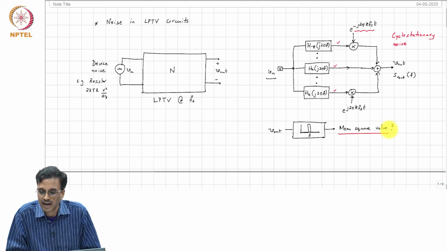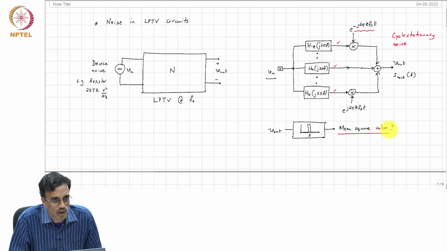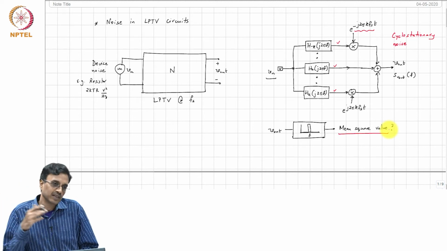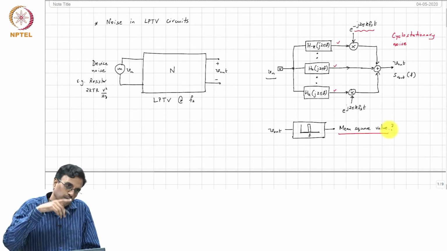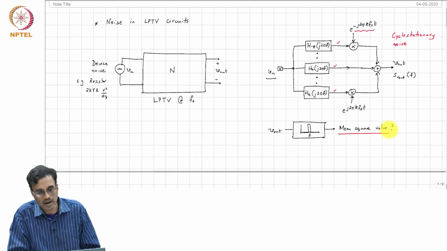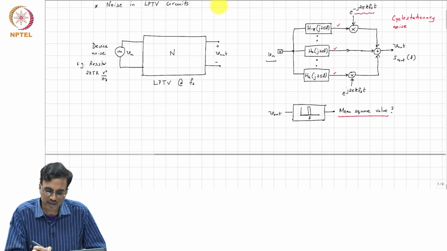And as you can imagine, the process of noise computation in a LPTV network is a lot more involved than the LTI case, simply because even if you had only one source, you have to worry about the strengths of the noise at all f plus k fs, as well as the transfer functions from those frequencies to the output at f. So, the question is, what all frequencies can alias?